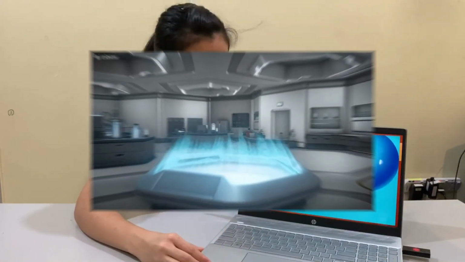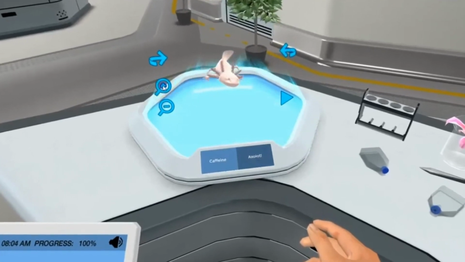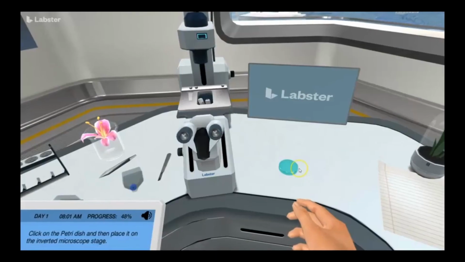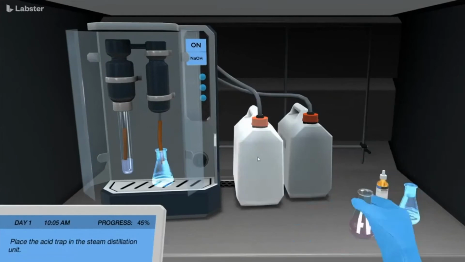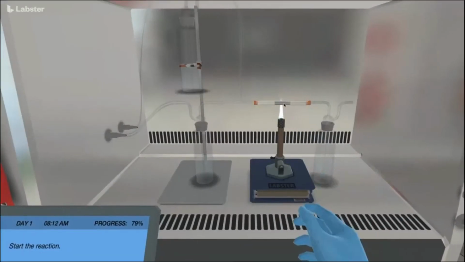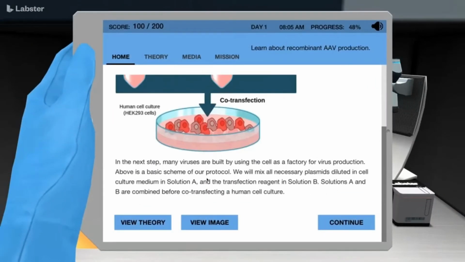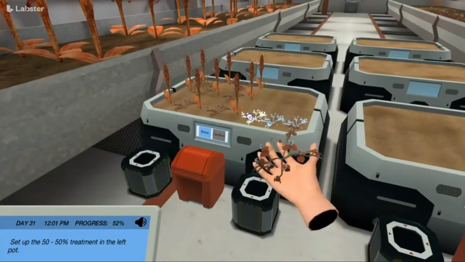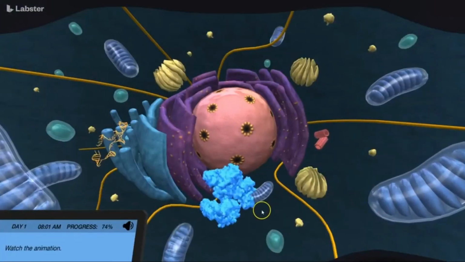$1 million laboratory that engages them in science through a highly immersive learning experience. With Labster, you can. Labster offers students access to a realistic lab experience that will let them perform experiments and practice their skills in a fun and risk-free learning environment. Students learn with the help of theory pages and quiz questions and experience immersive 3D simulations that visualize life science down to the molecular level.